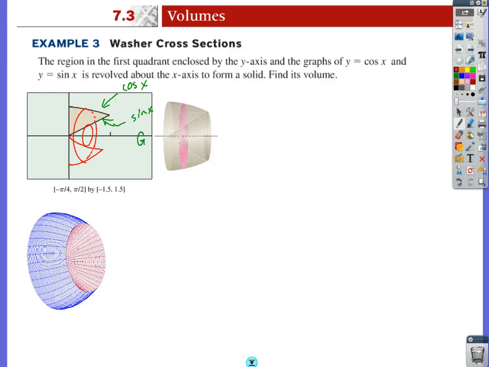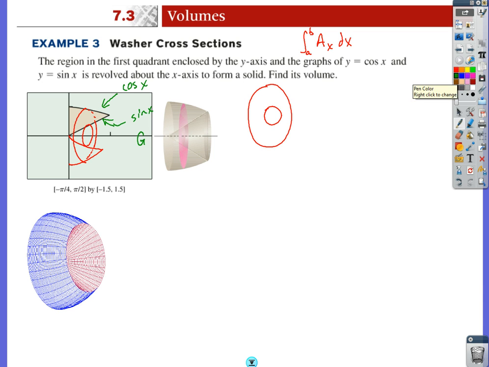So how can I find the volume of this? It's no different. My integral part still stays the same: a to b of my area, dx. How can I find this? So let's pull my shape out. What shape do I have? It's a donut. So how can I find the area of this?